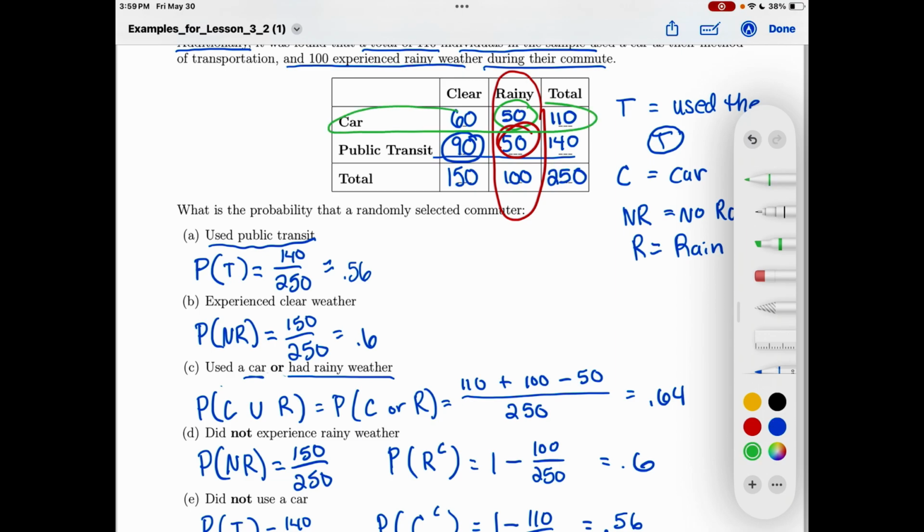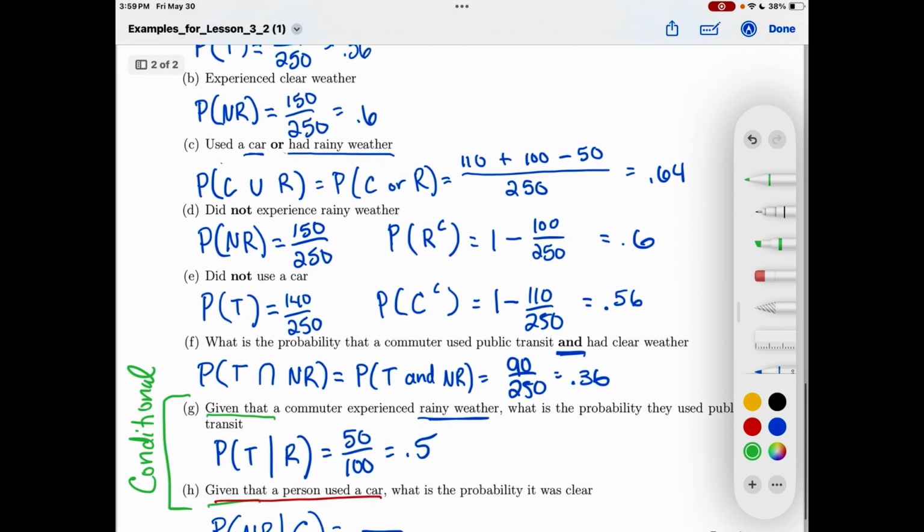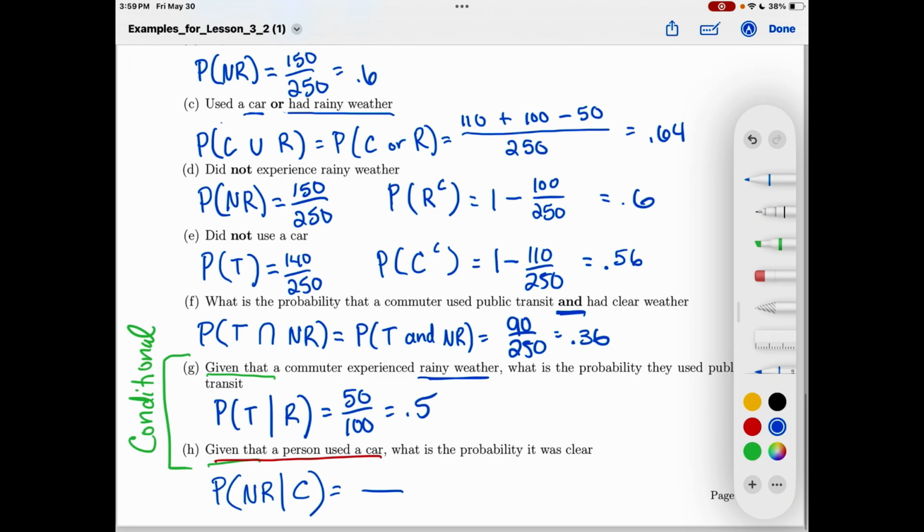So out of the people that used a car, the number of people that experienced clear weather was 60. So our answer for this is going to be 60 out of 110. And when we divide, we're going to get 0.5455.